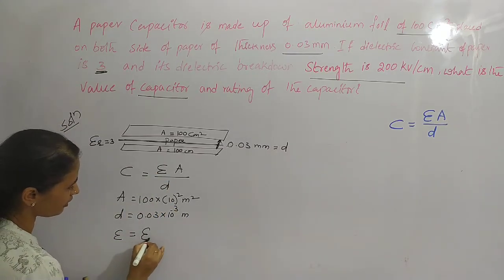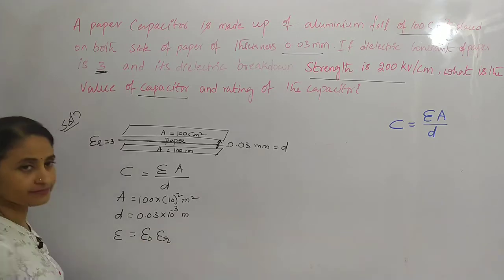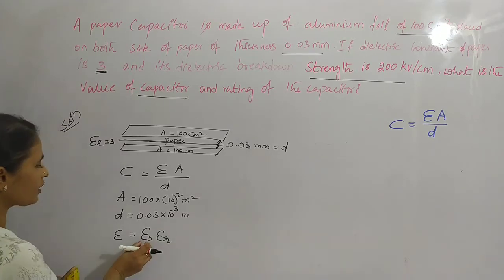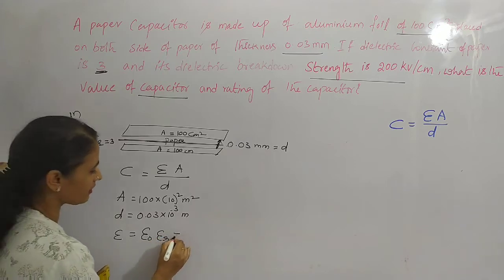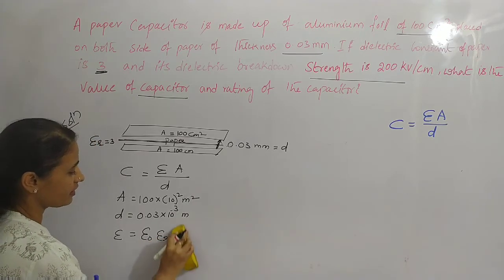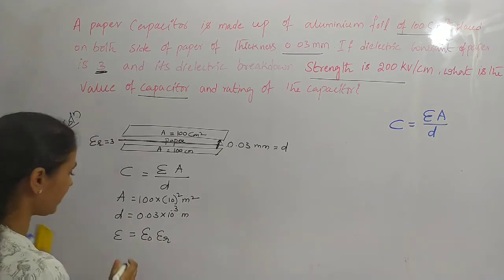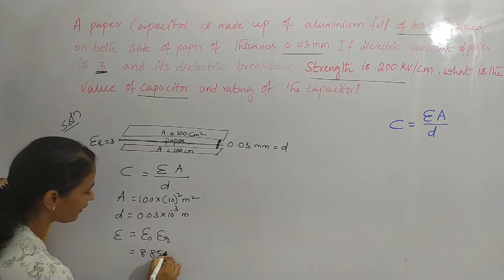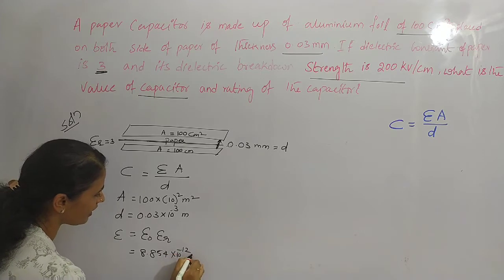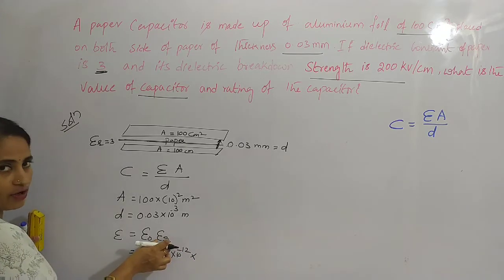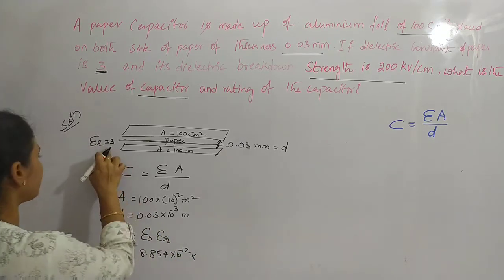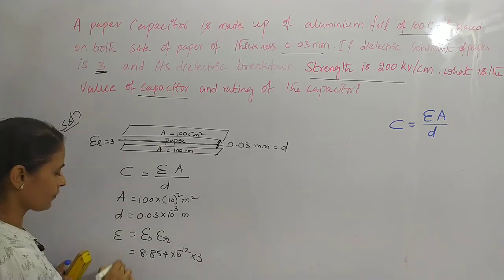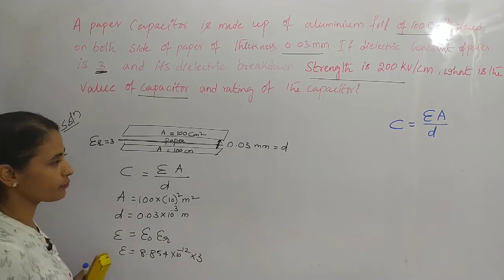Epsilon is given by epsilon naught and epsilon r, where epsilon naught is the permittivity of free space, 8.854 into 10 raised to minus 12, and epsilon r is the dielectric constant or relative permittivity, which is 3. So all the values are given numerically.